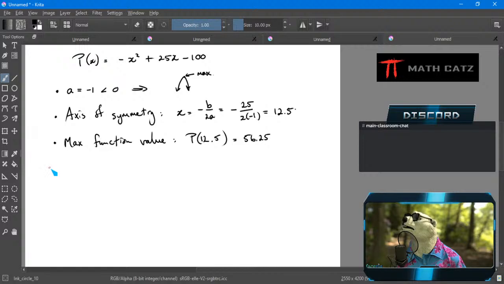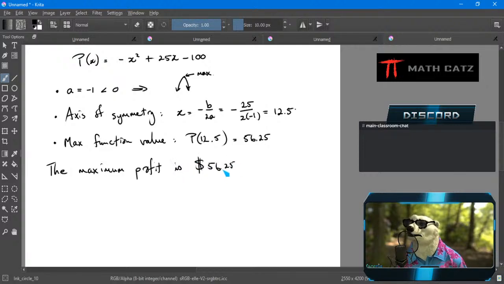So, now let's say like this, the maximum profit is, again, these are very small numbers.